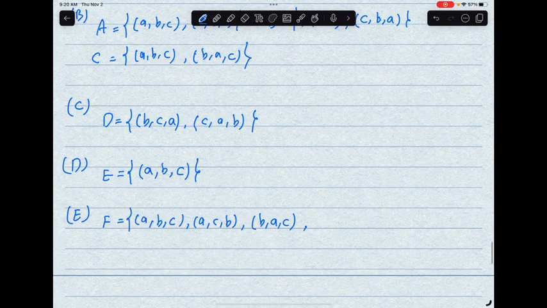Then CAB is not either, but CBA is a solution. Here we can see A, B, and C all draw their own name. Here A draws his name, here C, and here B. So that's the answer for part E.